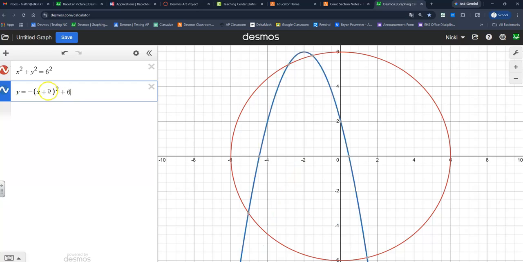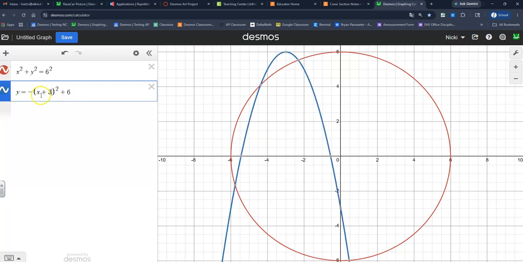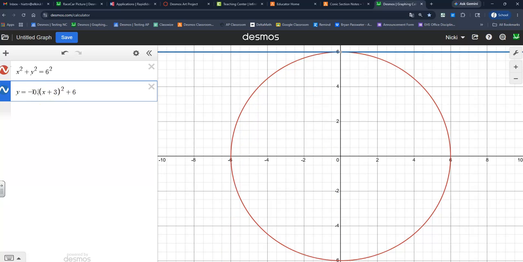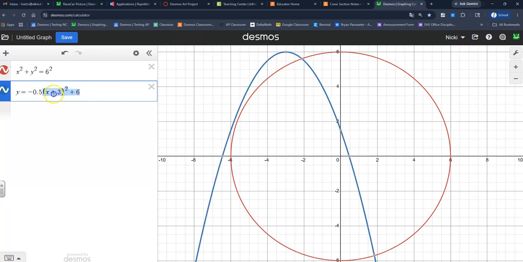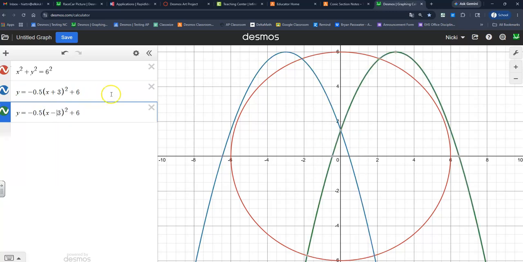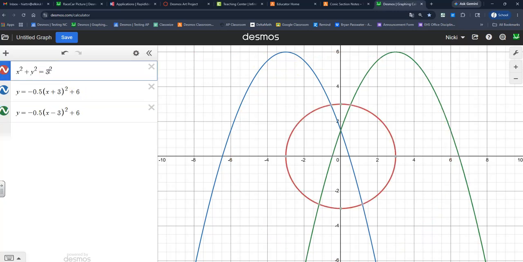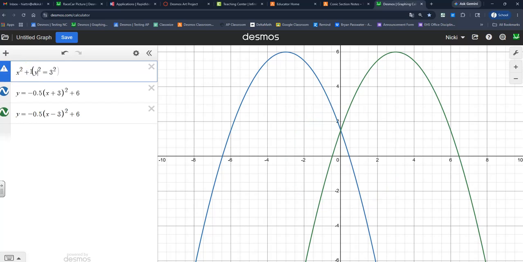No, I'm going to move it over. Put a 0.5 out here. There's my mountain. I want another one on the other side. Like that. There. Let's make my radius smaller, and let's move that circle up. Let's go back down on the radius. Let's go a little higher.